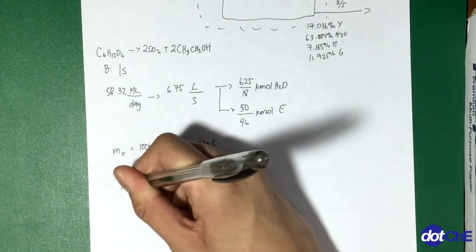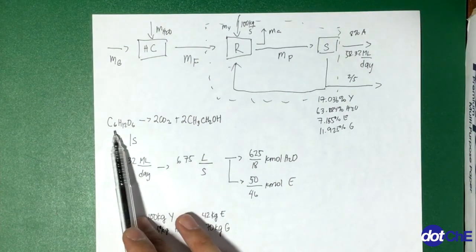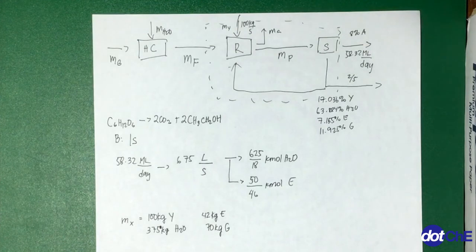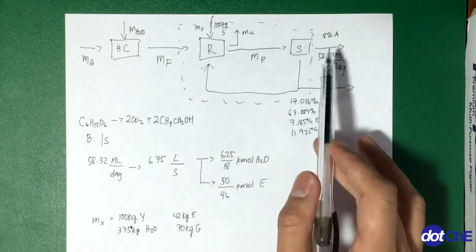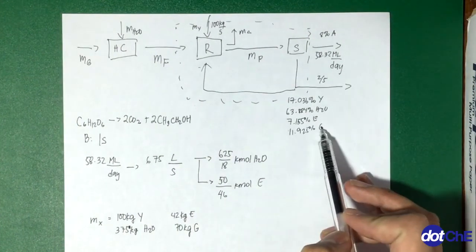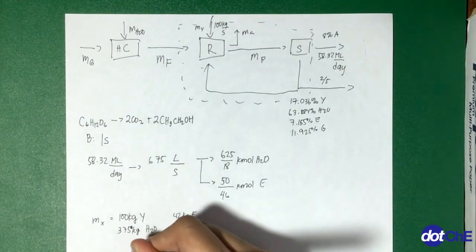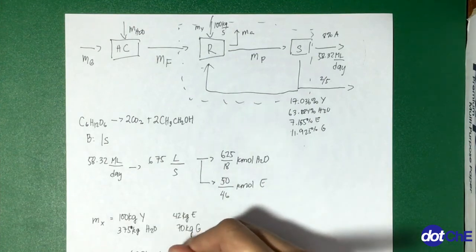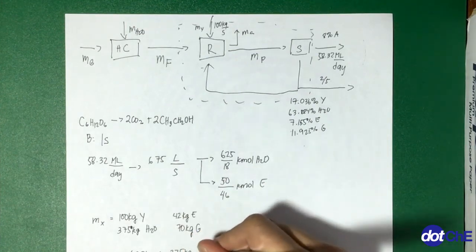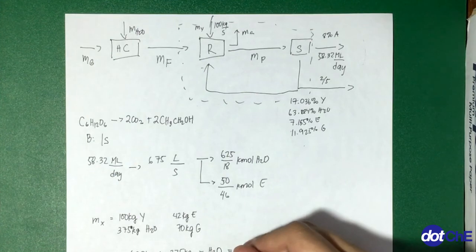So for the composition of MF, we know that MF only consists of water and C6H12O6, and water is a non-reacting species. So the amount of water here in MF is just equal to the amount of water here and the amount of water here. The amount of water here is approximately 625 kilograms, then the amount of water here is 375 kilograms H2O, which is equal to 1,000 kilograms.